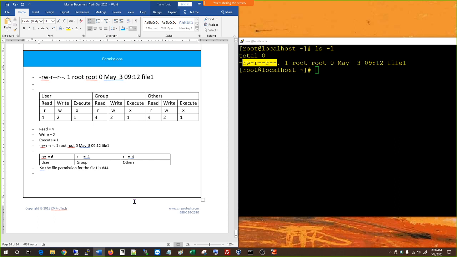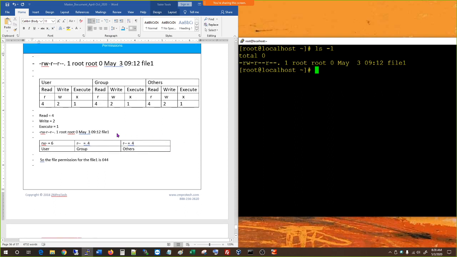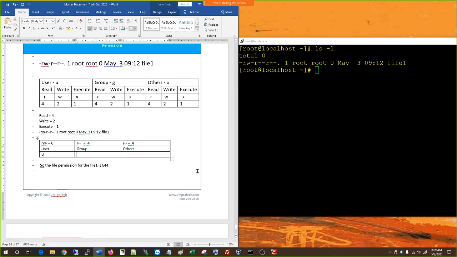One other thing here is users, they are represented with letter U. Okay, and groups, they are represented with letter G, and others are represented with letter O. Okay, so I'm going to put this down here too. U, G, O. It's all lowercase.